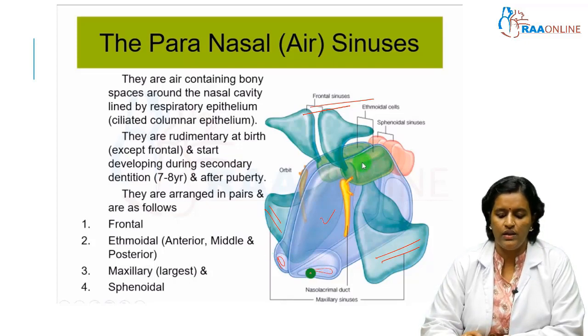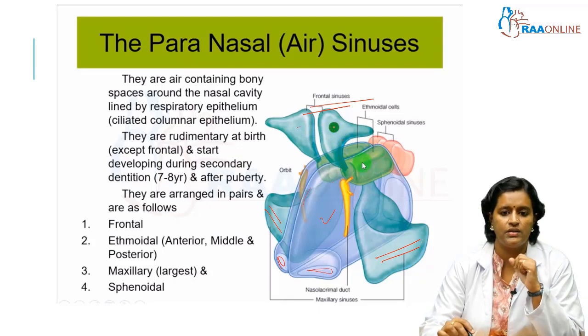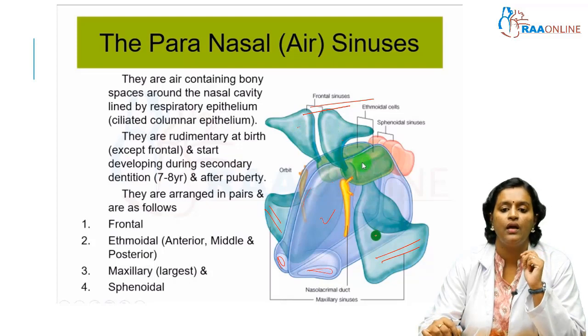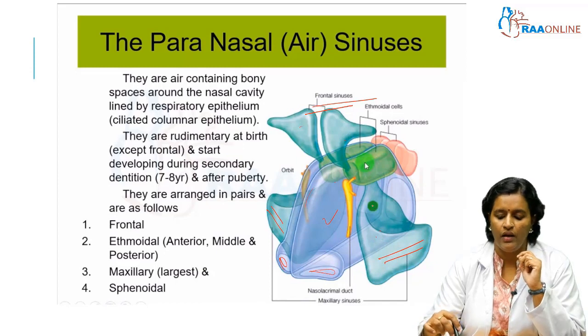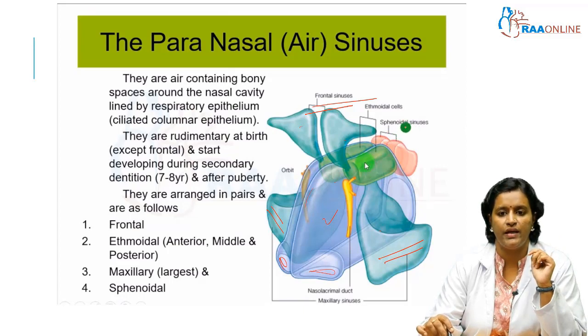Above the nasal cavity on either side in this area would be the frontal sinuses, paired ones. On either side of the nasal cavity, here are the maxillary sinuses, paired ones.